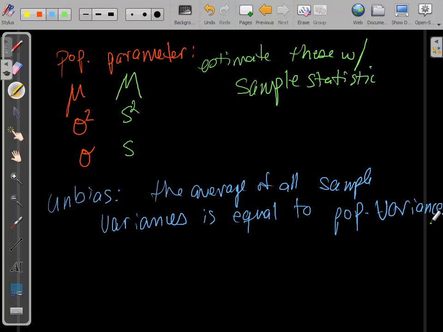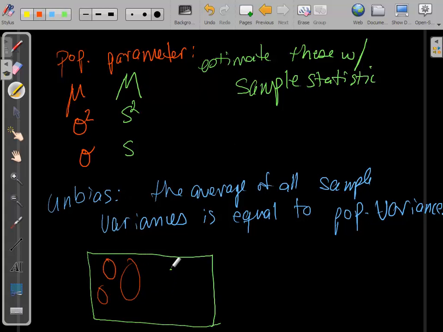Okay, in other words, if I have a big population, here's my population in a box form, and I sample from it. Here's a sample, here's another sample, another sample, and so forth. And I look at every possible sample I can make, and each one of those little blobs is going to have some standard deviation, some variance that's associated with it. And I'm just counting them up.